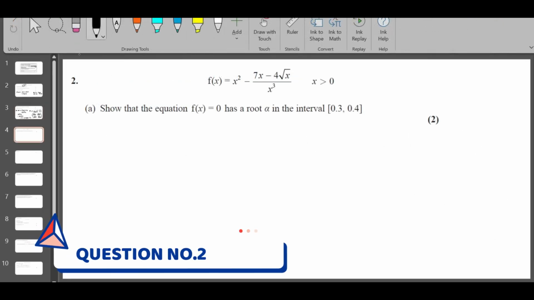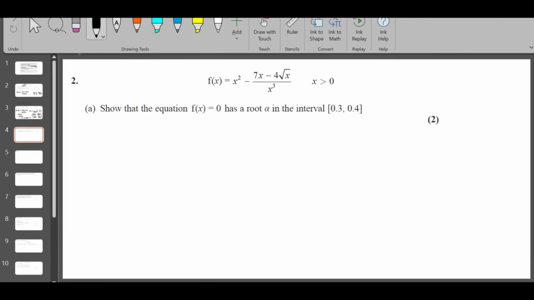Question number 2. We have a function given where x is positive. Show that the equation f of x equals 0 has a root alpha in this interval. So it's very simple. We just need to sub in these values into the function. So find the value of f of 0.3, which is 0.3 squared minus 7 times 0.3 minus 4 square root of 0.3, everything divided by 0.3 cubed.